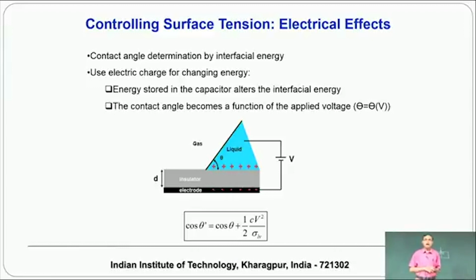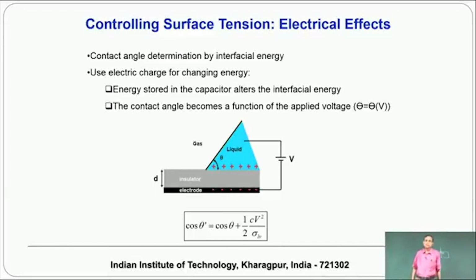So, if you have a battery connected system between the electrode and the liquid, then you will see that there is a charge which eventually goes from the battery and gets stored in the insulator. This entire system can now be imagined as a parallel plate capacitor, and the capacitance is given by epsilon by d, where epsilon is the permittivity and d is the thickness of the insulator.